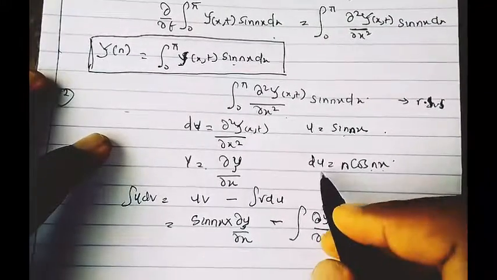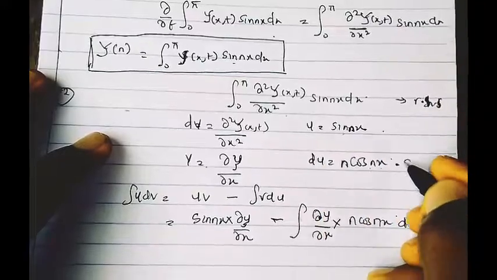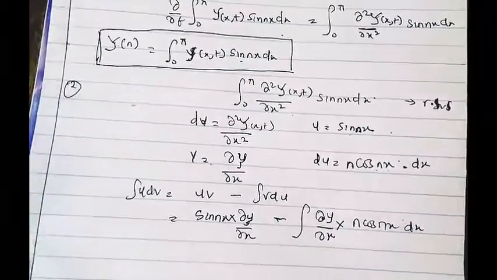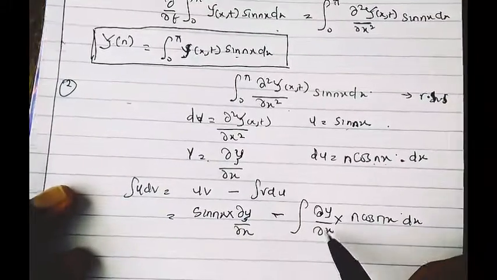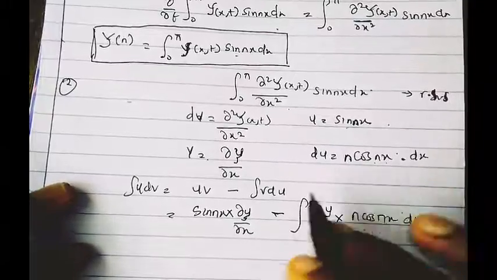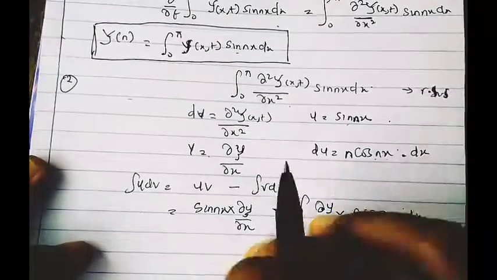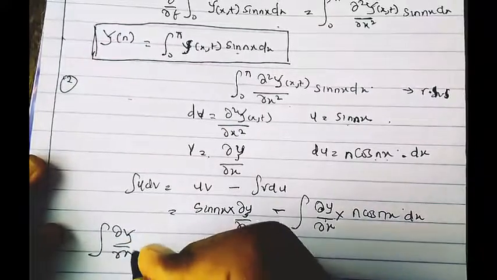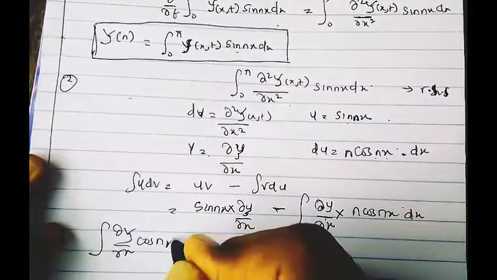Right, my du, when I differentiate with respect to x, I'll be left with dx here. So that's just what it is. So in this case now, I'm still having first order derivative here. So I'm going to integrate this again. So taking this one out, this is integral dy dx of cos nx, right?